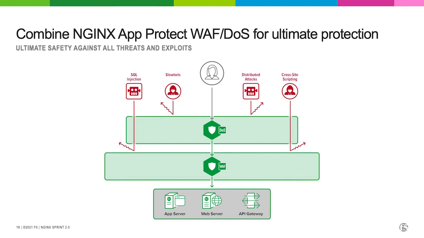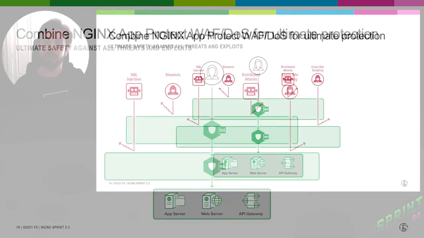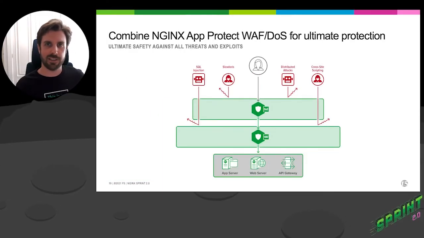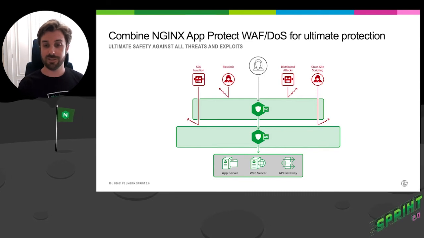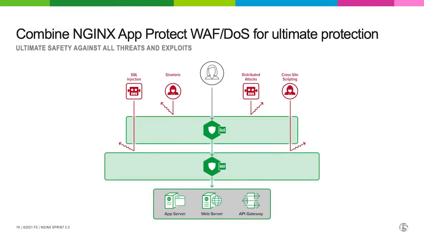By putting them together, NGINX App Protect DoS will act as your first layer of defense, preventing any potential denial of service attacks from going through and crashing your NGINX server, as well as your NGINX App Protect WAF.